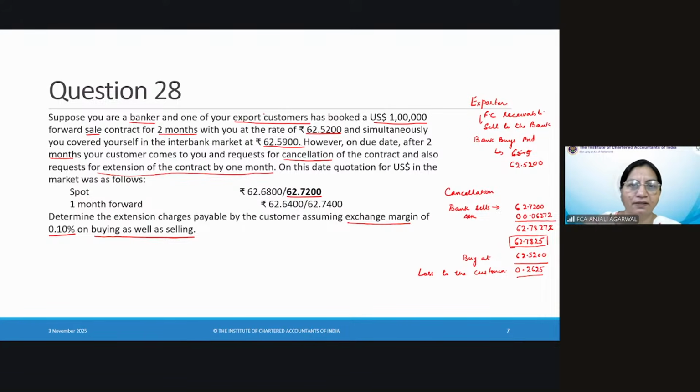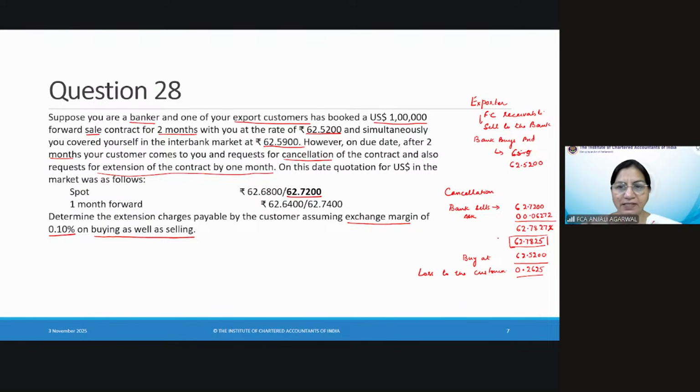He is an export customer. So he was selling at 62.52, but now because he is cancelling, he has to buy at 62.7825, which means he has to bear a loss of 0.2625 per dollar, and his total loss will become into $100,000, which is 26,250.